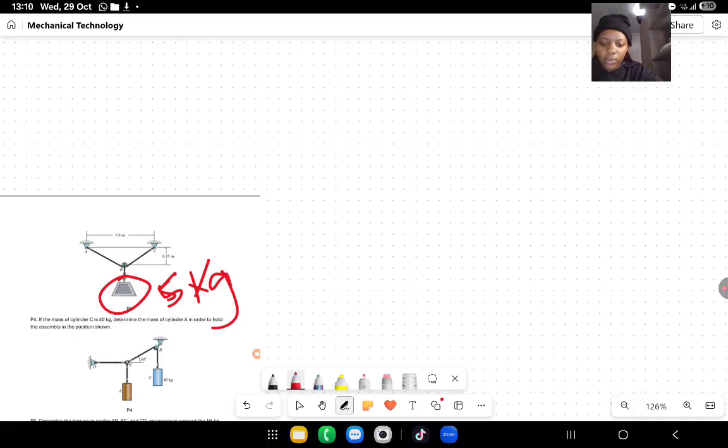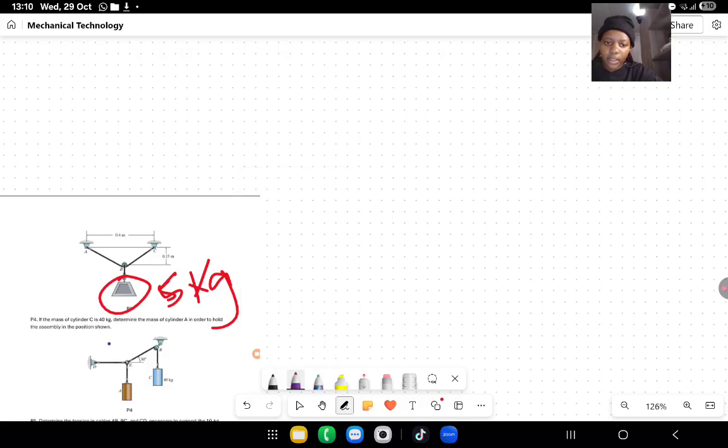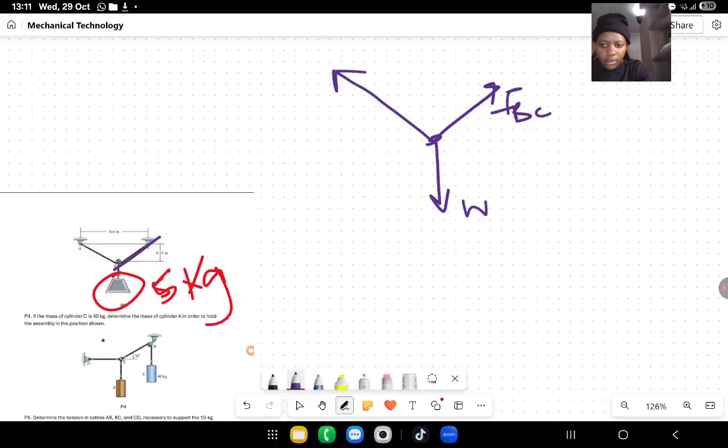Now we will start by drawing our free body diagram. We'll have our weight going down, then FBC, and also FAB.